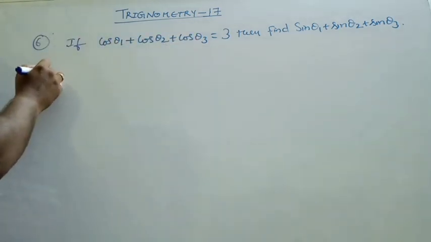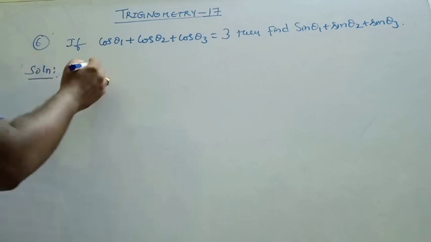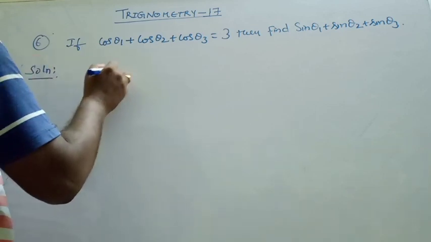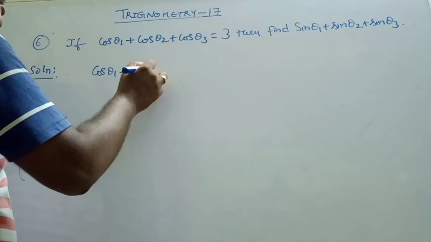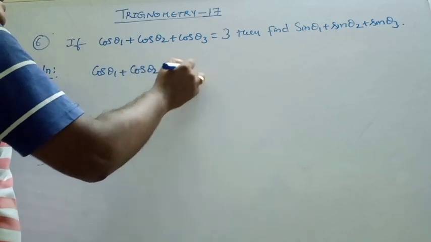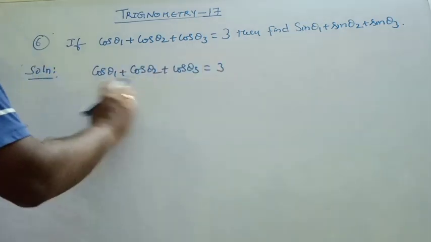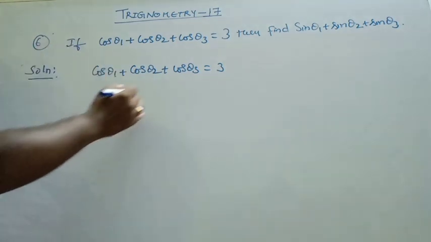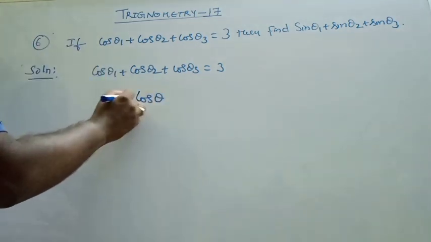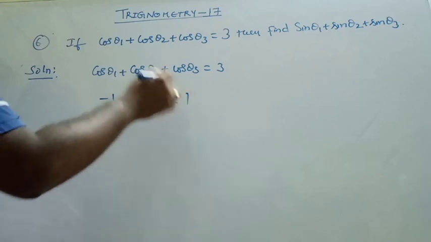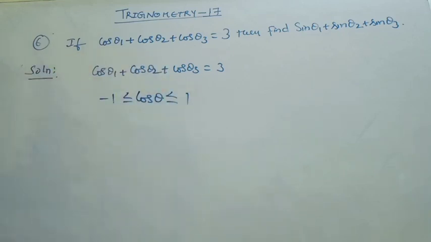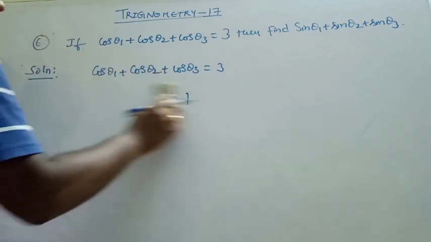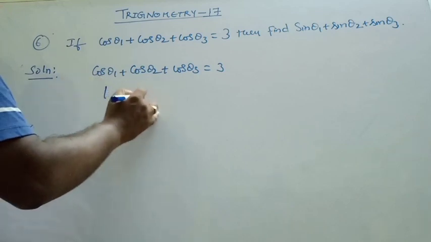You see, my dear students, in this problem they have given that cos theta 1 plus cos theta 2 plus cos theta 3 equals 3. That means the maximum value of cos itself, you know that the range of cos theta is from minus 1 to 1, is 1. When the sum of 3 cosines is 3, each one has to be 1.